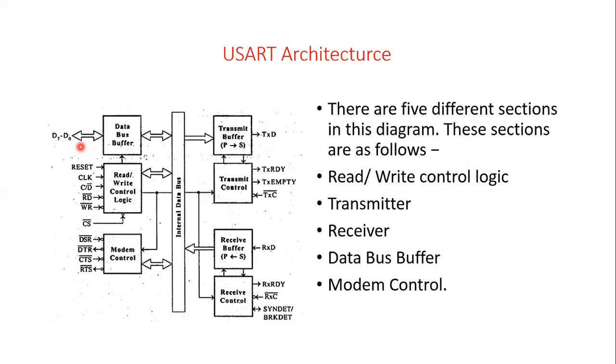Then we come to the transmitter section. The transmitter accepts parallel data from the MPU and converts it into serial data. It has two registers: a buffer register to hold 8 bits and an output register to convert 8 bits into a stream of serial bits.